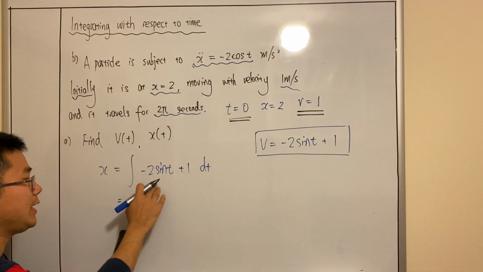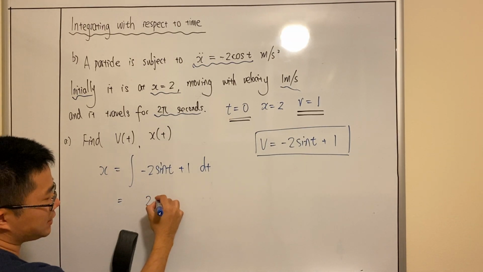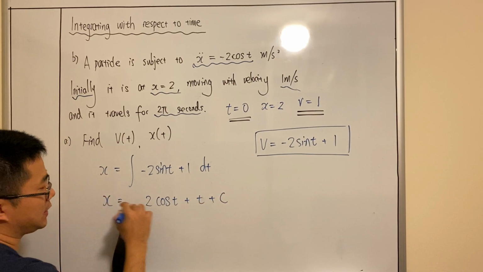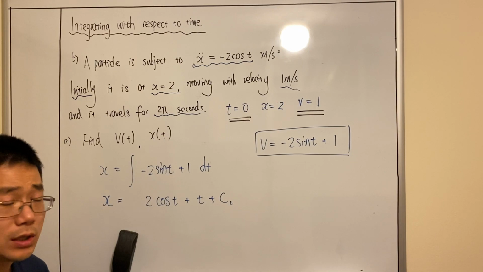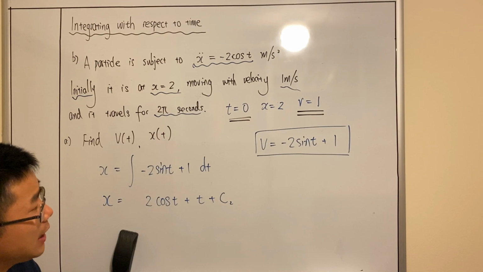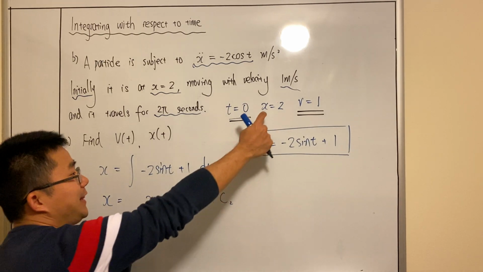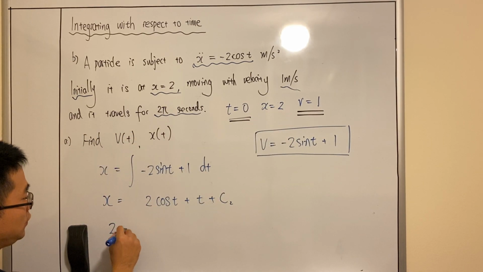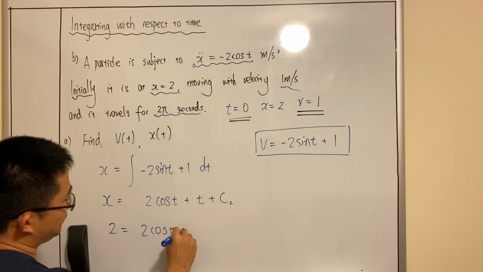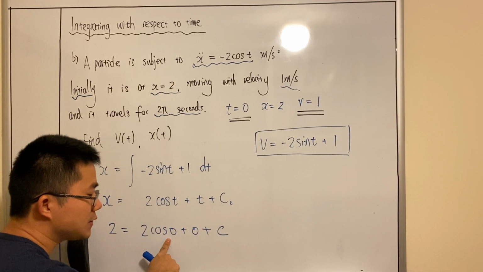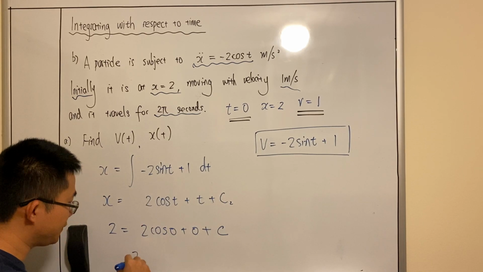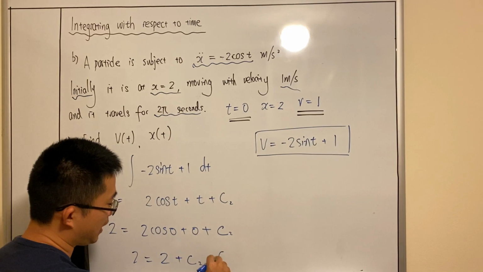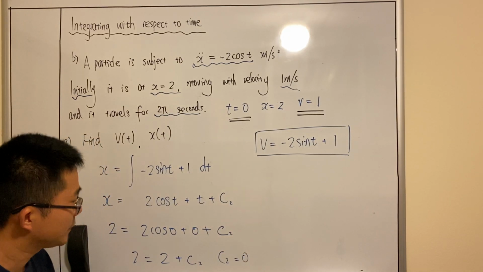If you integrate negative 2 sine t, it's equal to positive 2 cosine t, plus another constant, let's call it c2. Now we need to find c2. We have another condition here. We substitute: when x equals 2, t equals 0. Cos 0 is equal to 1, so that gives you 2, plus 0, plus c2. So now we know c2 is equal to 0.